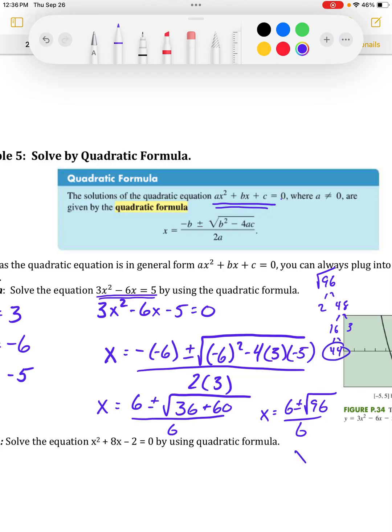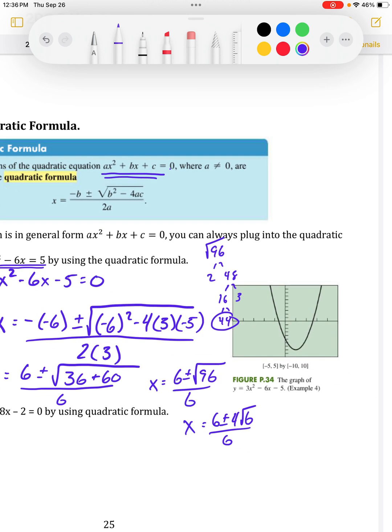So I will get x equals 6 plus or minus 4 root 6 all over 6. And then of course I have to simplify that out, and I get x equals 1 plus or minus 2 root 6 over 3.